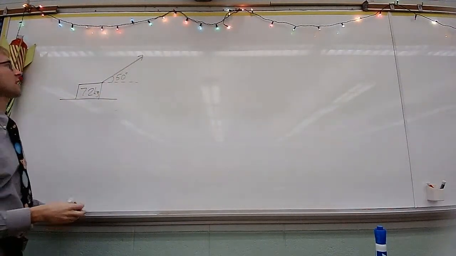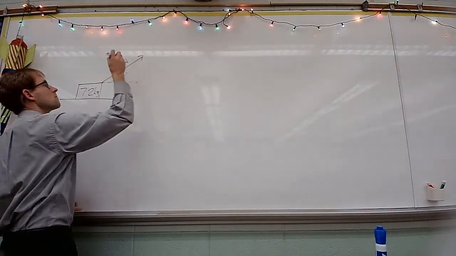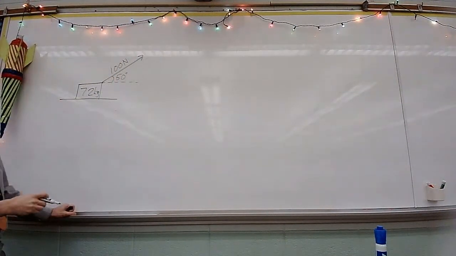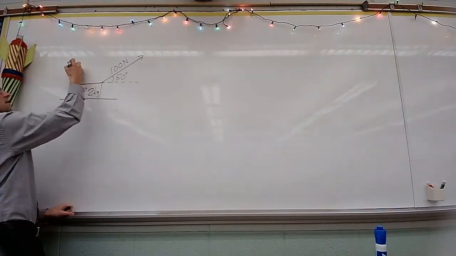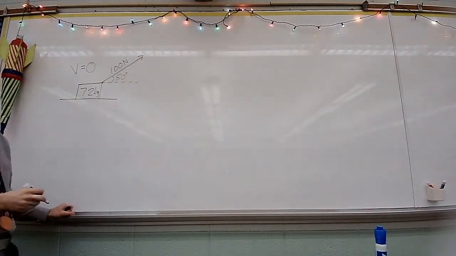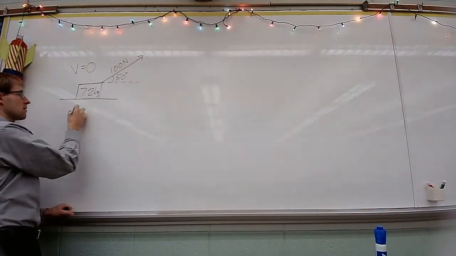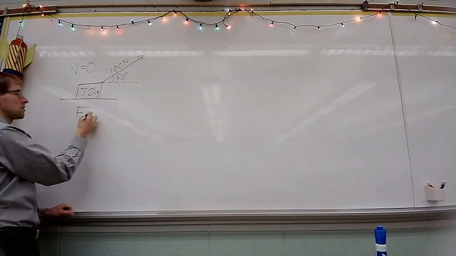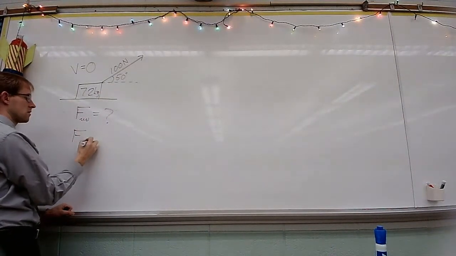And we'll just say it's pulled with a force of 100 newtons. So, if this is the case, we'll also say that the friction is great enough that this object isn't going anywhere. So for this kind of a problem, generally we'll be asked for two things then. What is the force of static friction? And what is the normal force?